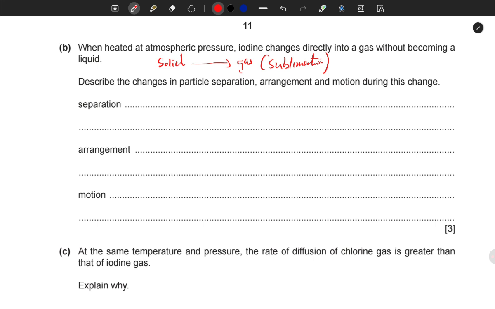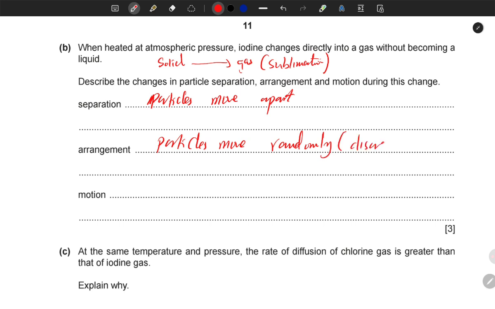Well, when we talk of separation, they move apart. Here I'm saying particles move apart. What about arrangement? Of course, they go from ordered to random. Particles move randomly, in a disorderly manner.